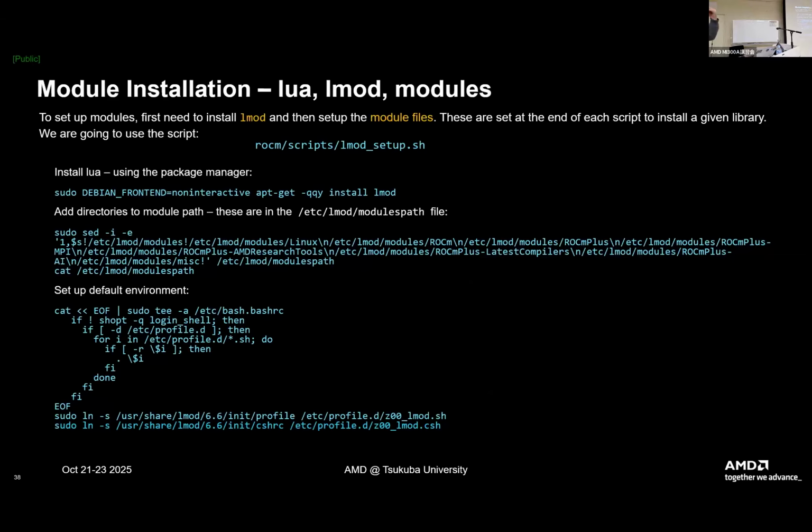So at the end of every installation, we install a module, and you can use that as a template for what you might want to do on your system: what you might want to put in your modules, what paths, what load library settings you may want. Next slide.